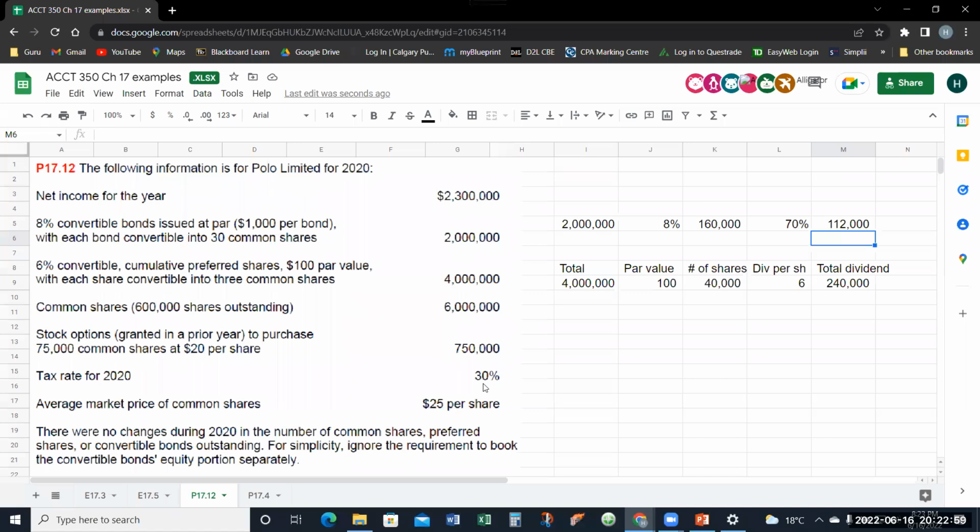We have not actually converted the bonds. Remember, diluted EPS is a hypothetical, make-believe, let's-pretend type of situation. So if these bonds were converted, we would save $112,000 in after-tax interest. If you save on the interest expense, what happens to net income? It goes up. So I've got an income effect of $112,000.